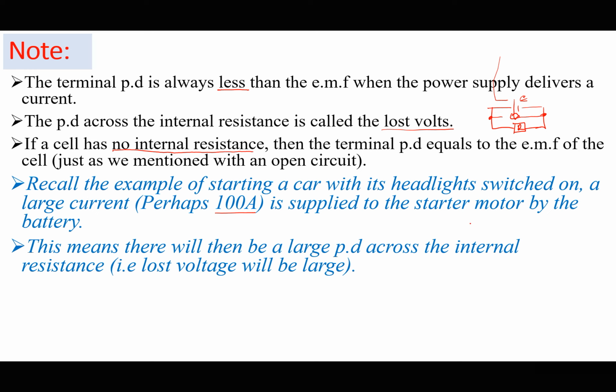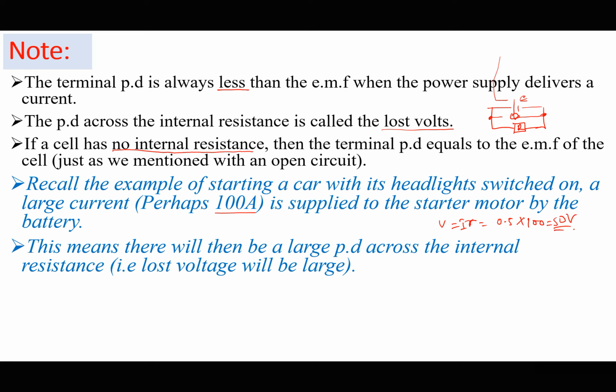The battery has an internal resistance of 0.5, and a current of 100 amperes is supplied. Using Ohm's law, V equals IR, this is 0.5 times 100, which is around 50 volts.